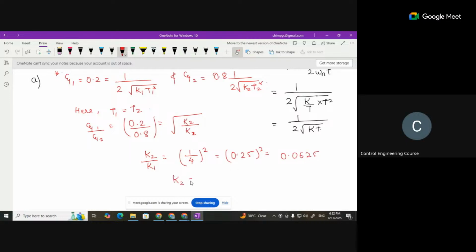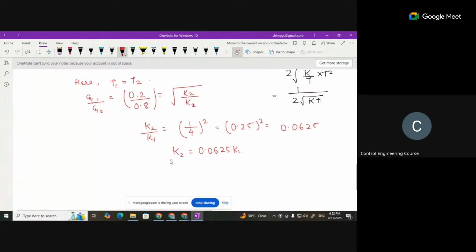Or your K2 is 0.0625 K1. So the gain K is reduced by a factor of 0.0625 if we want an increase in the damping ratio. Is it okay? Clear?